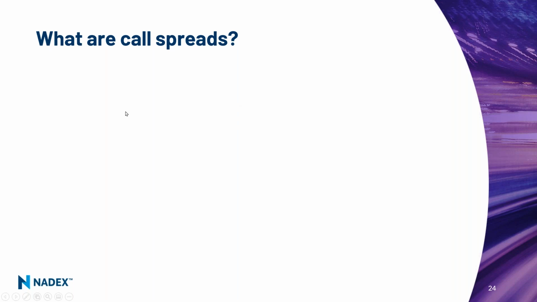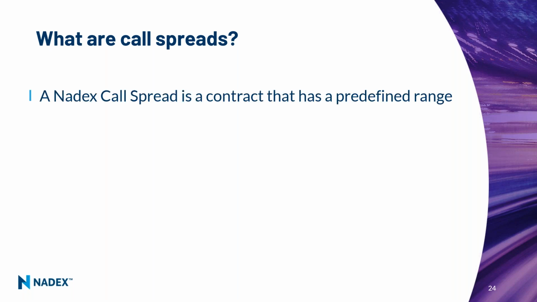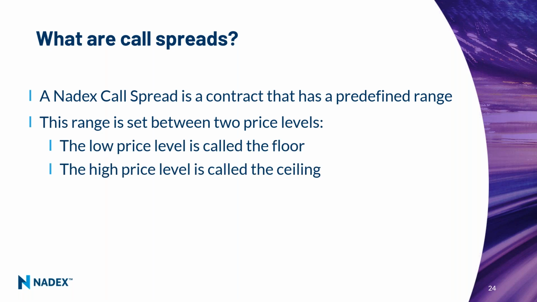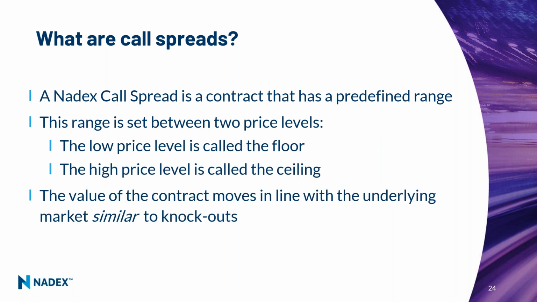Now, call spreads. These are going to sound very similar to knockouts in that a call spread is also a contract that has a predefined range. It also has a floor and a ceiling, and a call spread will move in line with the underlying, very similar to knockouts.